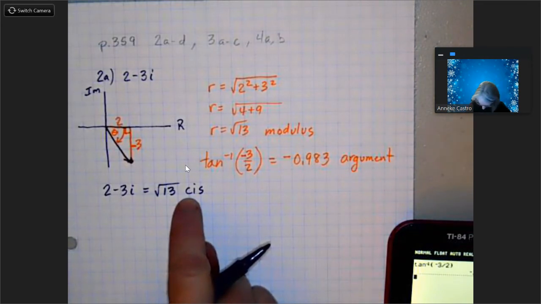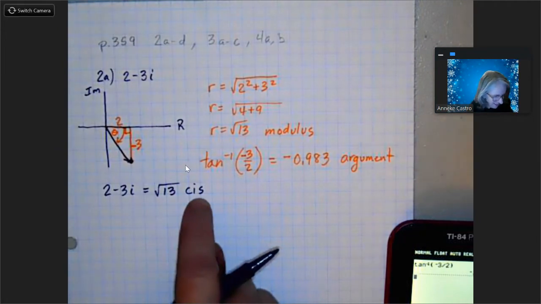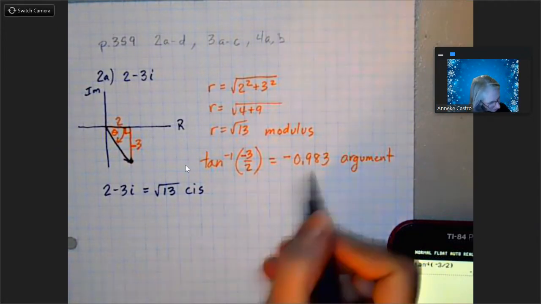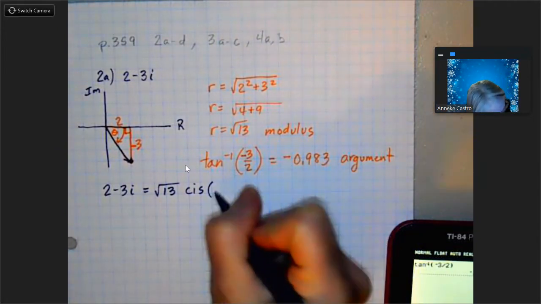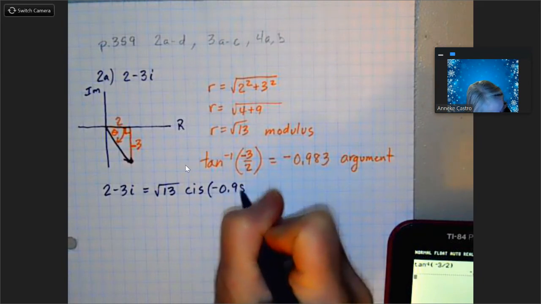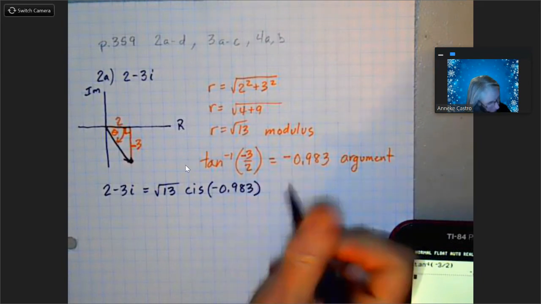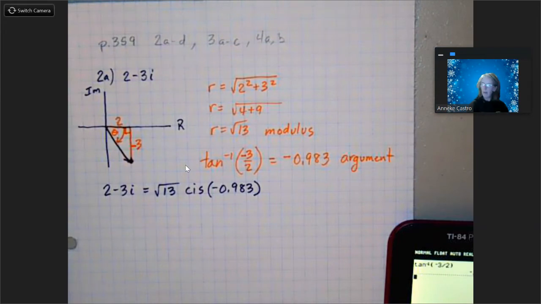Gosh, now I'm forgetting. Cis stands for, plus imaginary times sine of the argument, which is -0.983. Okay, so there you have it. That is how you do problem 2. So I'll let you do B, C, and D.